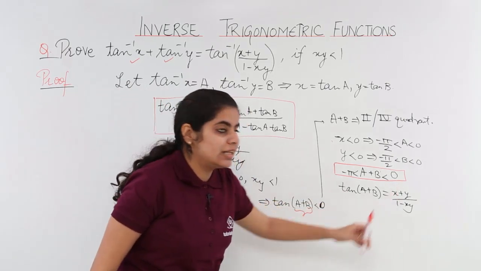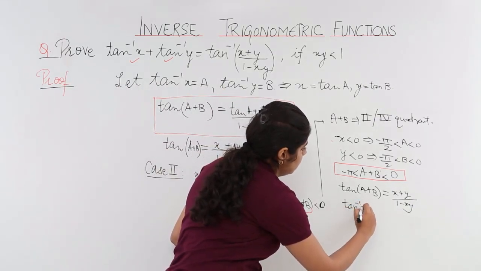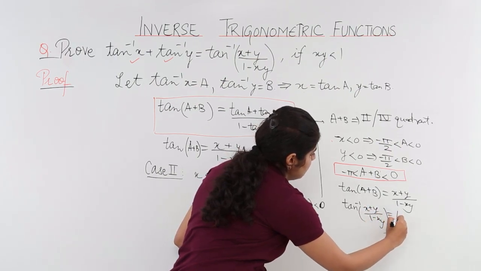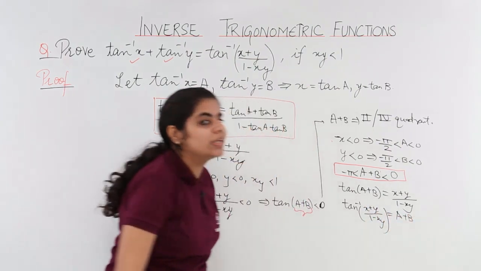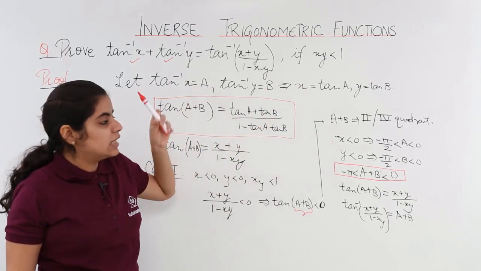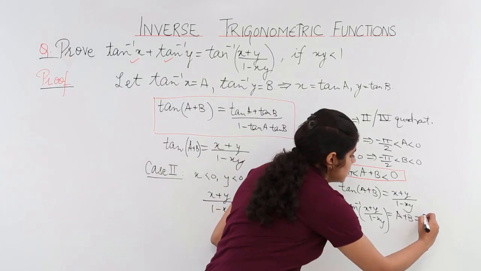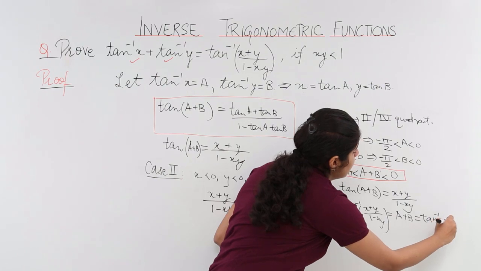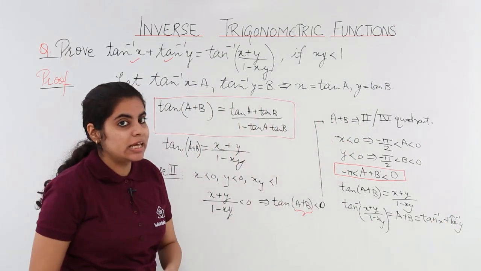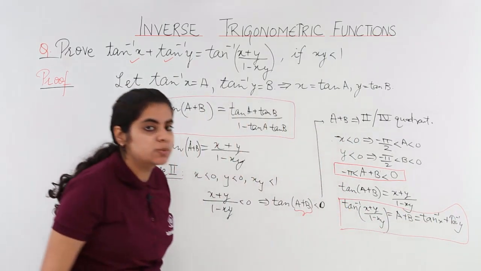My tan goes to the other side, it becomes tan inverse of x plus y upon 1 minus xy, and the other side is left with only A plus B. Now, what is A? A is taken as tan inverse x. What is B? It is tan inverse y. So, A plus B is tan inverse x plus tan inverse y, and these can be put in a box because this is the final result. So it is hence proved.